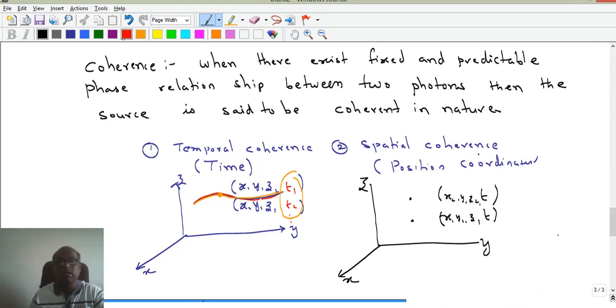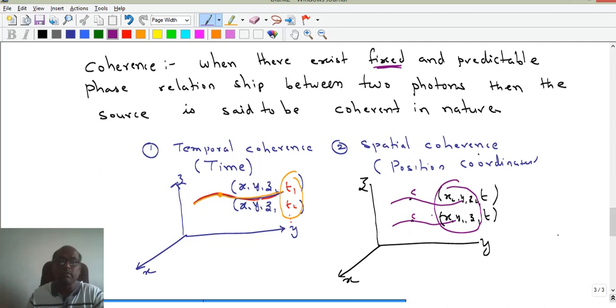Now, if you look at these points at the same instant of time, what is happening here? Through both points, what is passing? A crest across. Here they maintain the same phase, a fixed and predictable phase relationship between these two photons with respect to position coordinates.